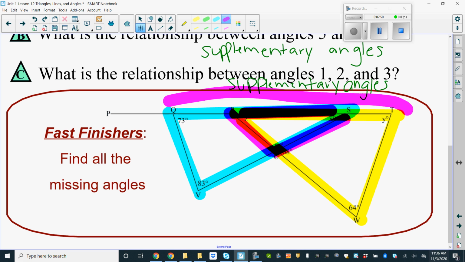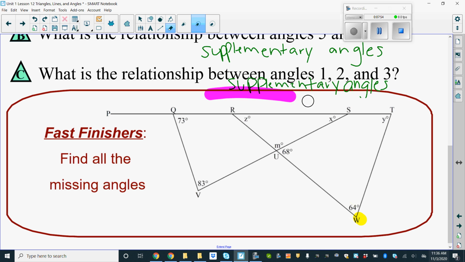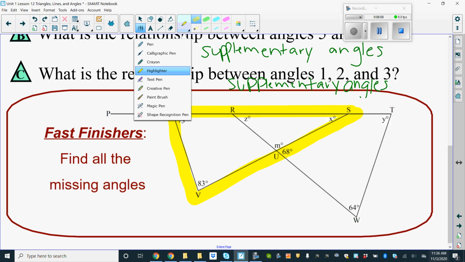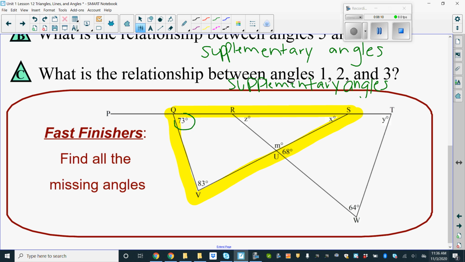But what we're going to focus on right now is the larger triangle. In this larger triangle, we have 73 degrees given to us. We have 83 degrees, and we have to solve for x.